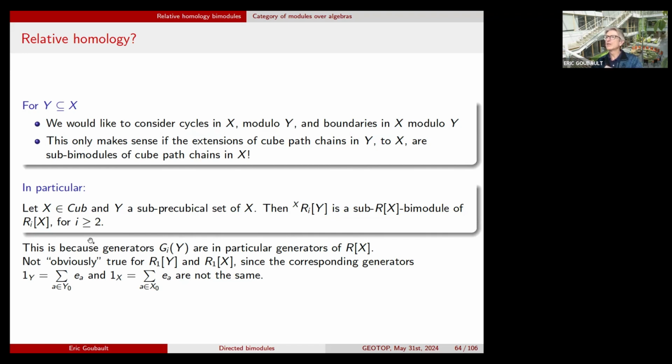But it's not true for the directed path algebra, because for the directed path algebra, the only generator is the unit, and the units are not at all the same, and it's not going to work.